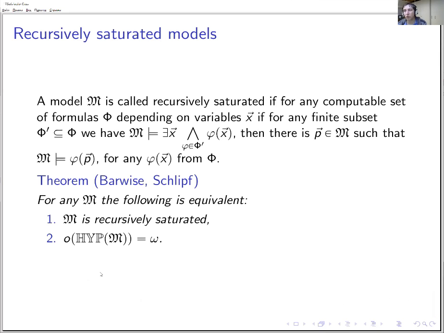Yeah, and so of course the notion of a recursively saturated model is a rather important one. Namely, in the case of countable models, a model is recursively saturated if and only if it's resplendent, and this basically means that a Sigma 1 1 sentence holds in the model if and only if there is an elementary extension where this Sigma 1 1 sentence holds.